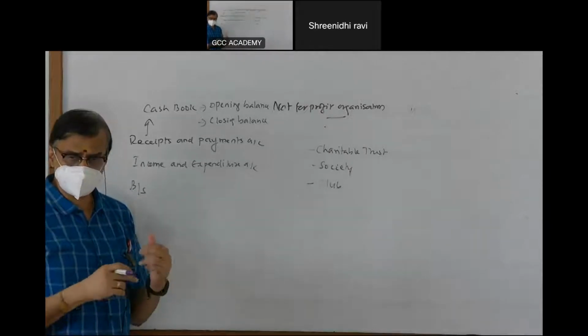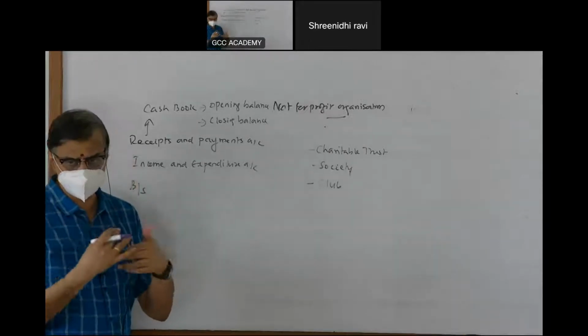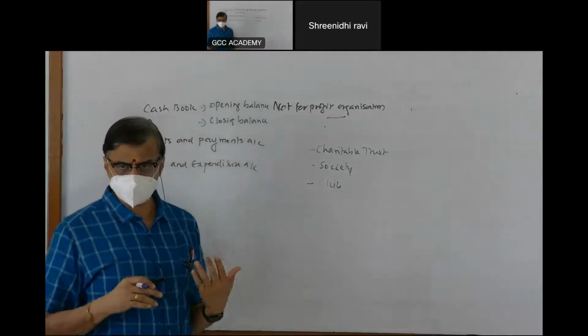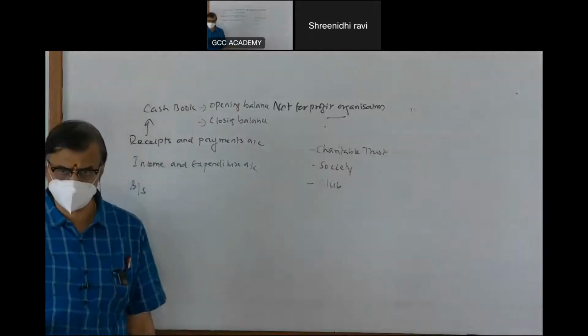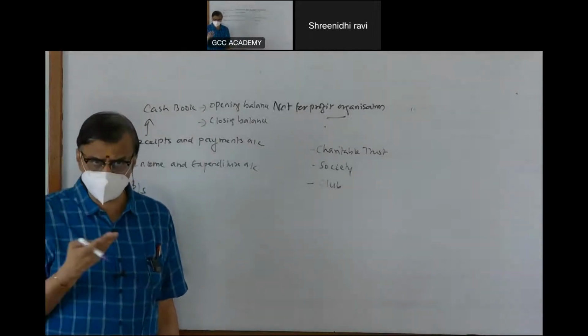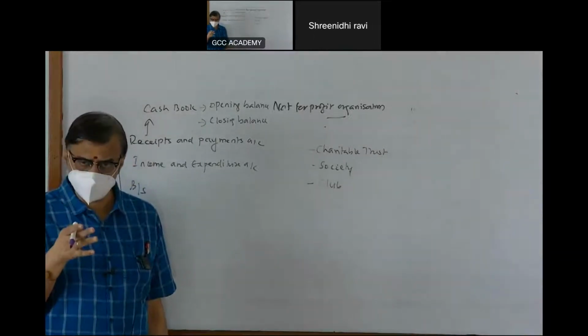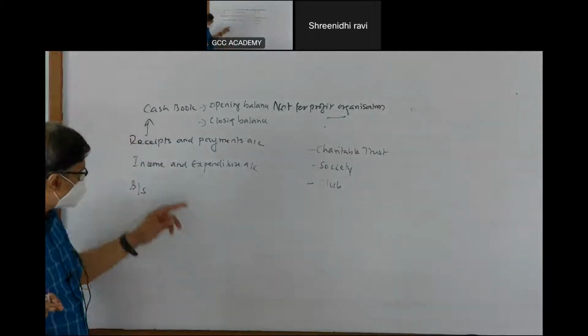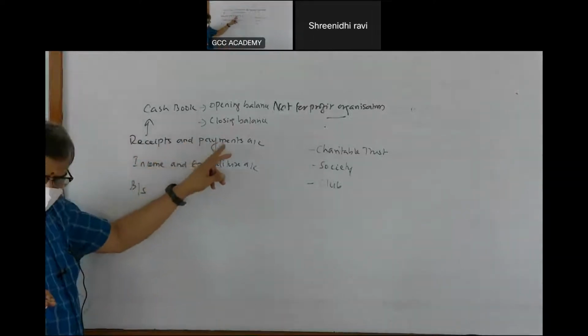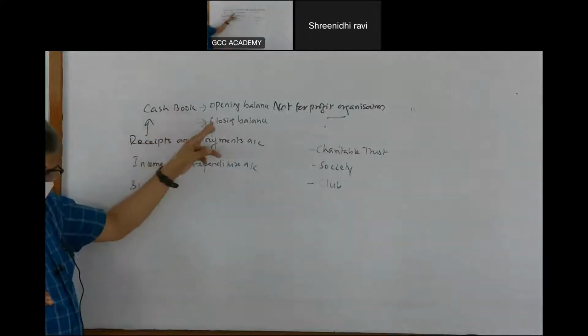And normally you can segregate it or club it, cash and bank. For academic purpose, most of the time we club it also, cash and bank, but you can have separate columns. But in a cash book we use columns, normally here we won't do it like that. But if there is a need for it, we can do it. Otherwise, we can club it and do it also. No problem on that. So there is a cash book equivalent, which is receipts and payments account, which will give you the opening balance and closing balance.